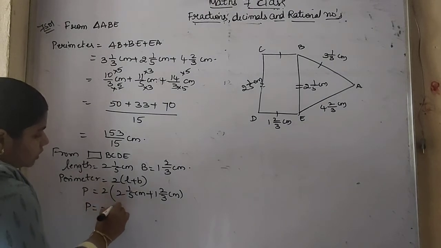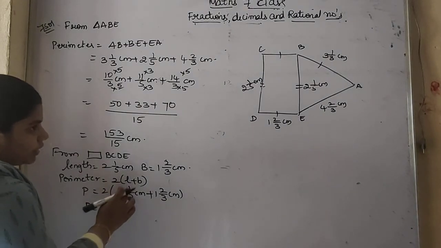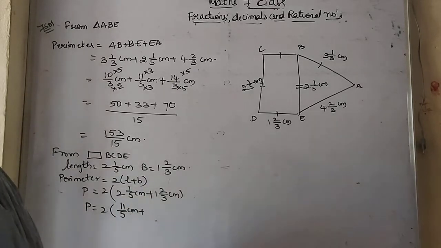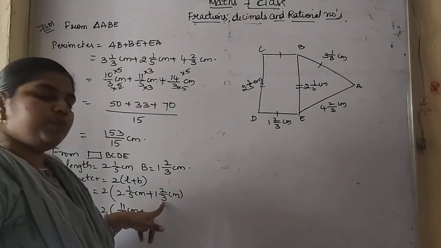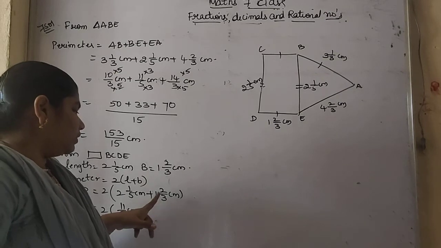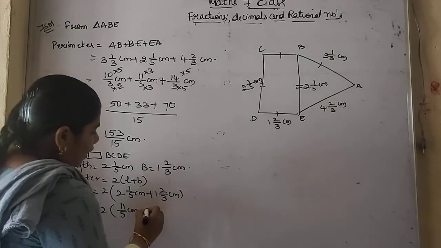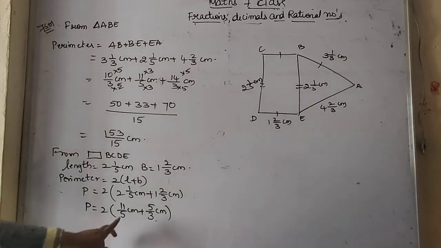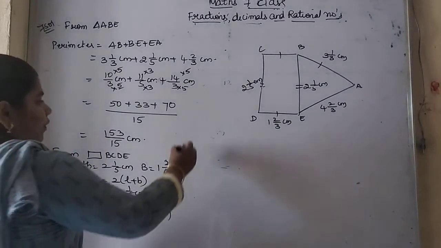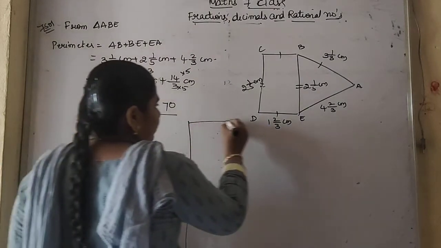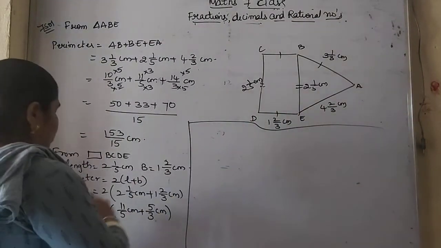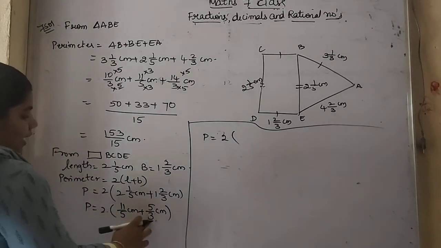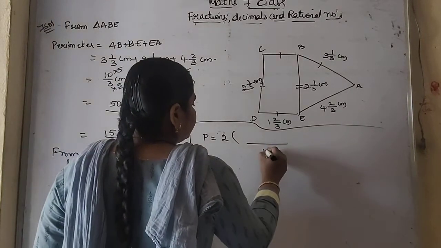So P is equal to 2 into, 5 2s is 10, 10 plus 1 is 11, so 11/5 centimeters plus, this mixed fraction also converted into improper fraction, 3 1s are 3, 3 plus 2 will be 5, that will be 5/3 centimeters. Now take the LCM of 5 and 3, which is 15.